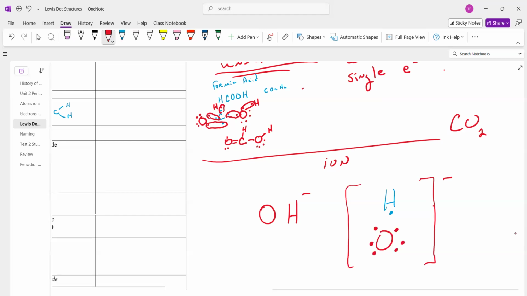Now the question is, where do you put the extra electron? Well, as before, the first step was connect up singletons. So hydroxide has one bond. Next step is, are there any singletons unbonded? Do something. But we have an extra electron. How many electrons do we have extra? One.